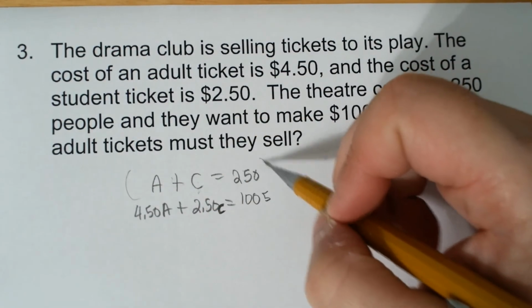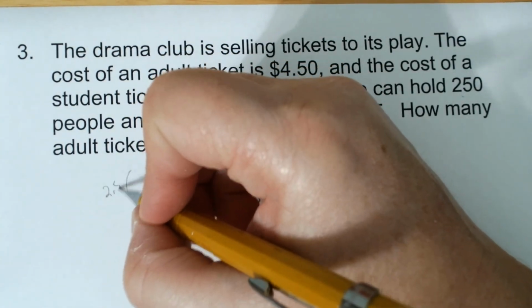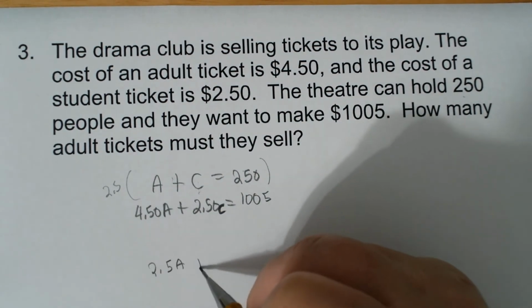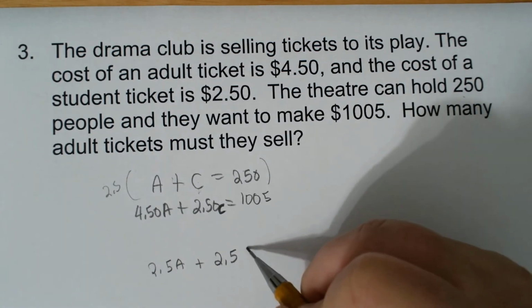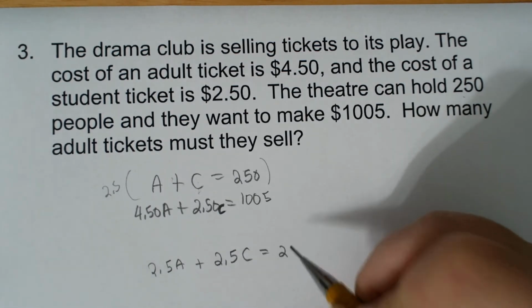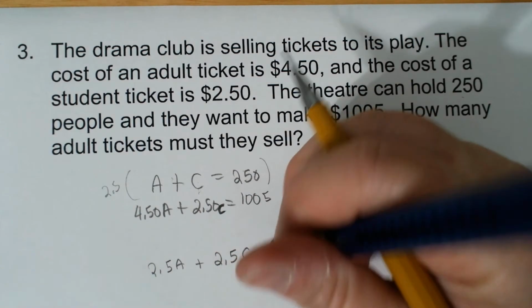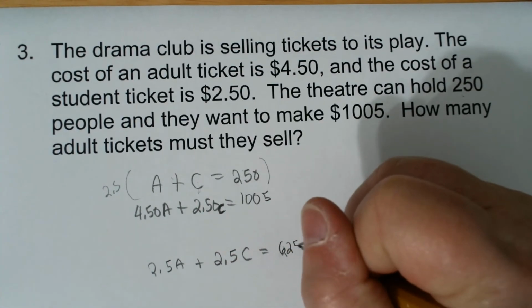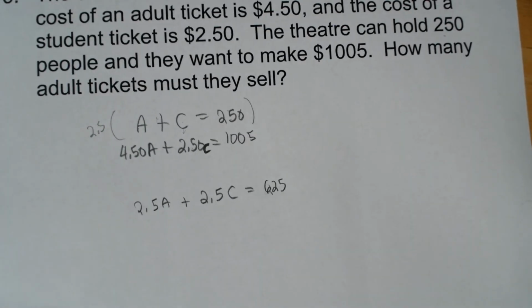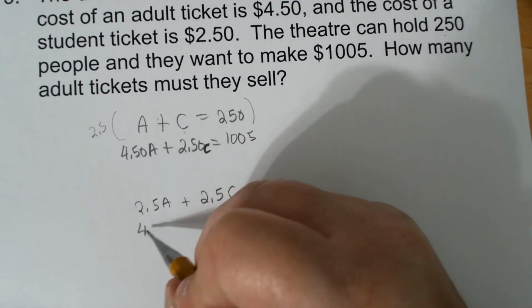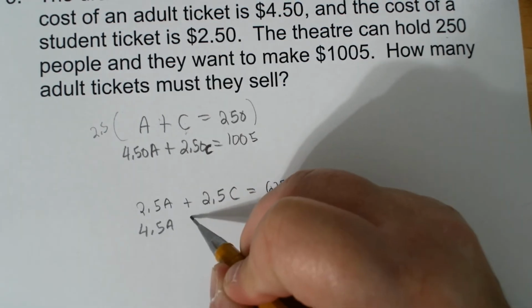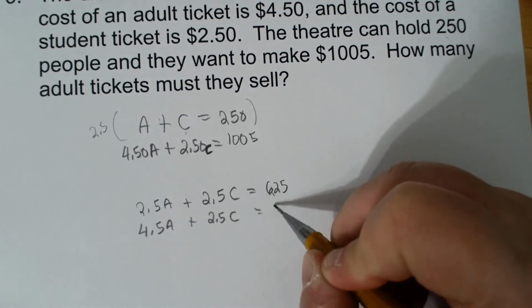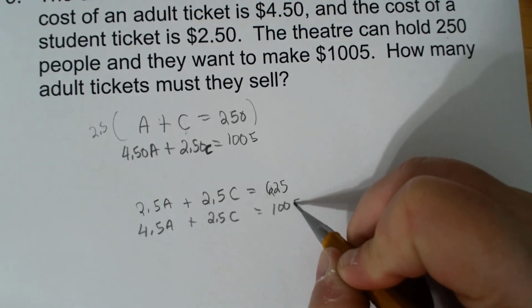So I'm going to multiply this by 2.5, and so I have 2.5a plus 2.5c equals 625. I have 4.5a plus 2.5c equals 1,050.